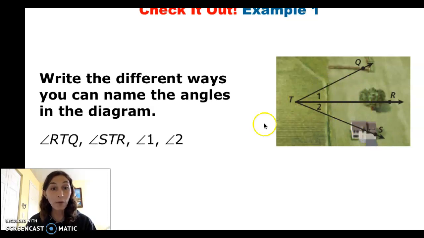Here are possible ways to name it: RTQ, which is the same angle as QTR. I can also name this angle STR, which is also the same as angle RTS. Or I can name it by a point in its interior. In this case, it could be angle 1 or angle 2. Now remember, the vertex of the angle is always in the middle when naming the angle.